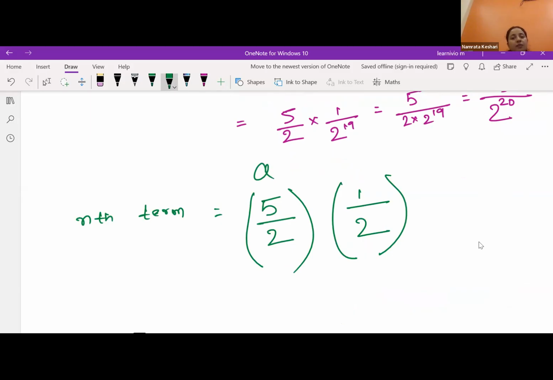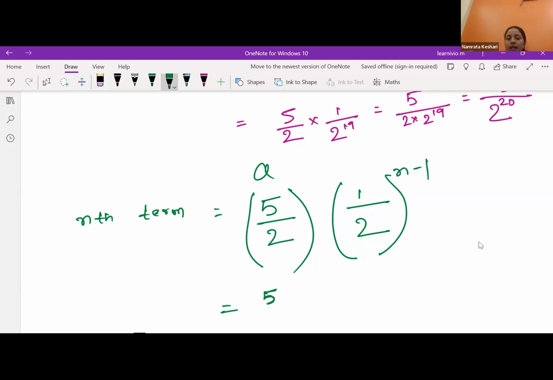So you will be writing n minus 1. So whenever a question says find the nth term, it is telling you just put your a value and R value, and whatever you are getting, just write your answer as it is. So you will be getting the nth term of the same GP. You can see everything I have just substituted except n, because in the nth term, n will remain as it is.